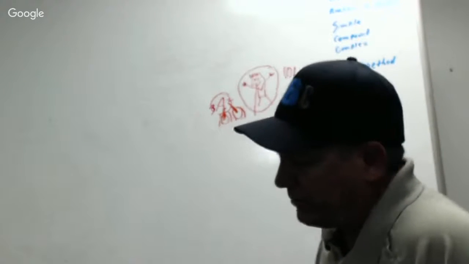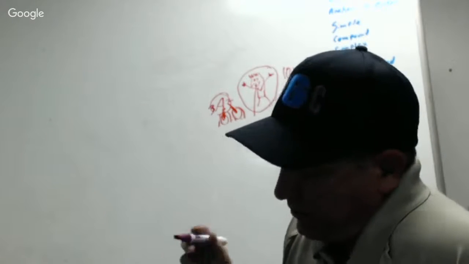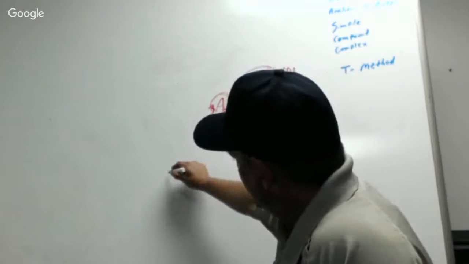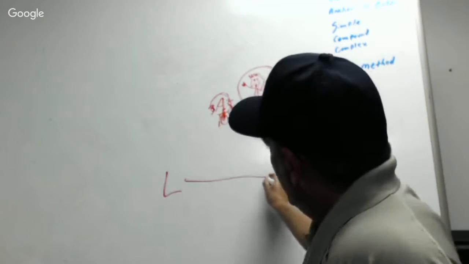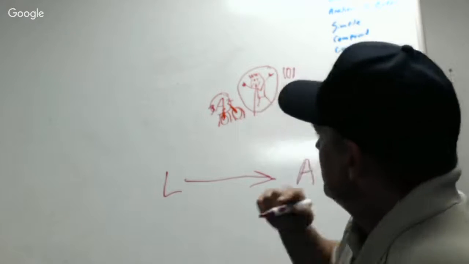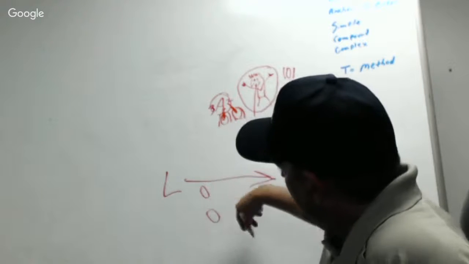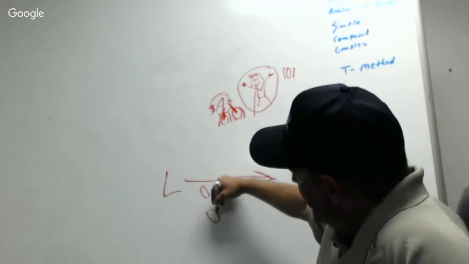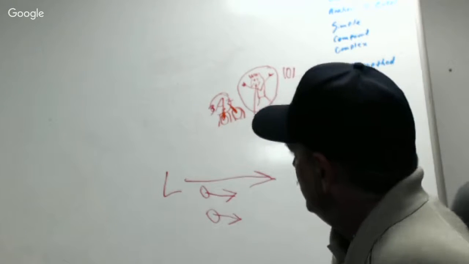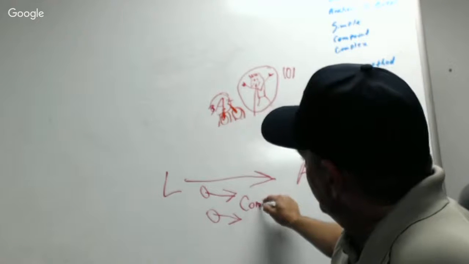All right, so now we talked about compound systems. Now we're going to talk about complex systems. So when you have a load over here and you're hauling it this way to an anchor, and you have mechanical advantages like we just had, and they're both moving in the same direction, you're going to have a compound system.